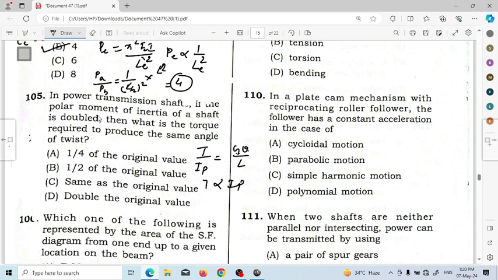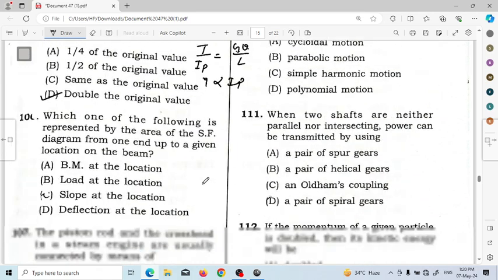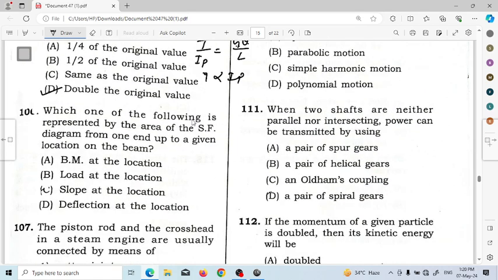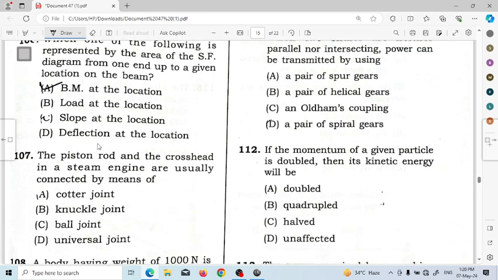So if the polar moment is doubled, then torque will be doubled. So the answer will be option D, double the original value. Next, which one of the following is represented by the area of the shear force diagram from one end up to a given location on the beam? The bending moment at the location. So the answer will be option A.